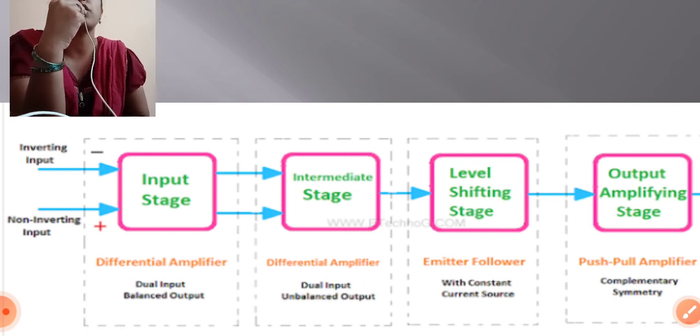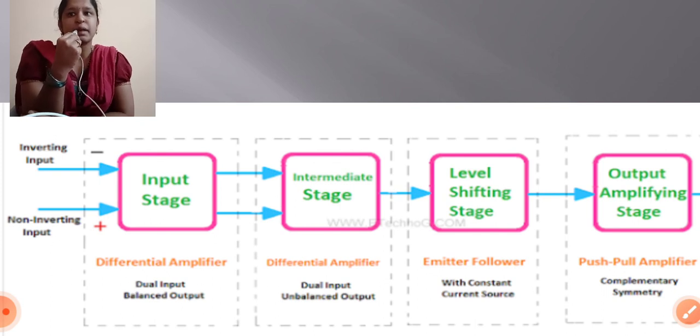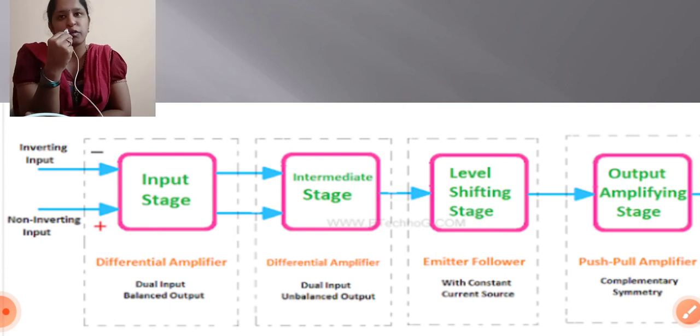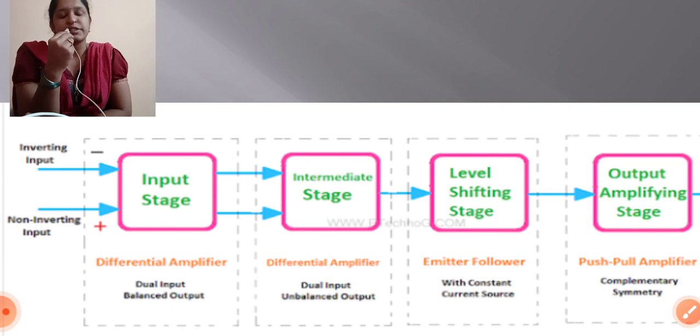The output stage increases the output voltage swing and raises the current supplying capability of the op-amp. A well designed operational amplifier output stage also provides low output resistance.